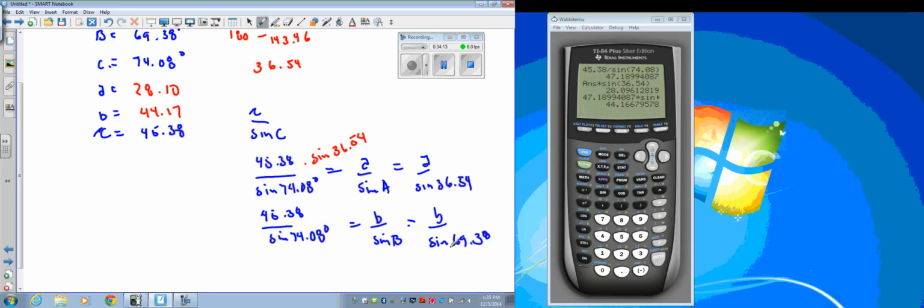And then this one I've just done times the sine of 69.38. Good? Okay. All right. If I just get the mode right. Is that right? All right.